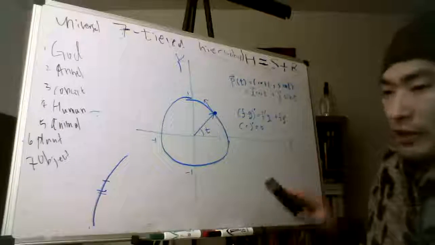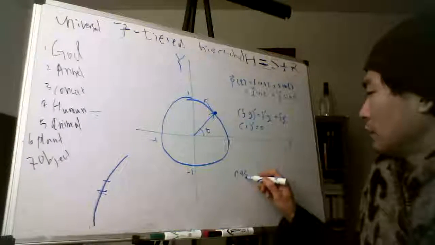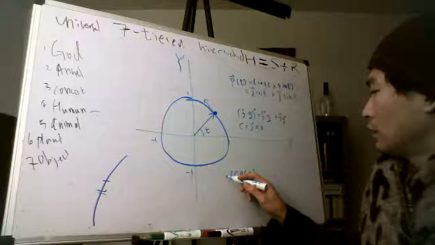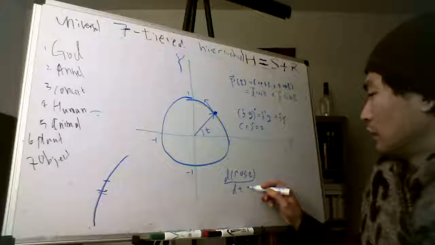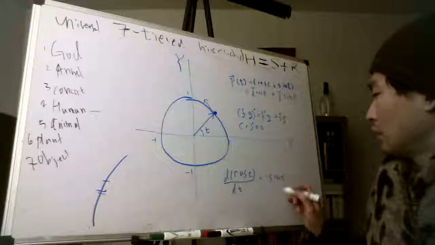I'm just giving you a summary, all right? Cosine t, d cosine t dt, differentiating in terms of t, is equal to minus sine t, okay?